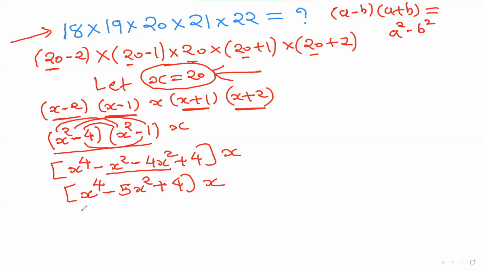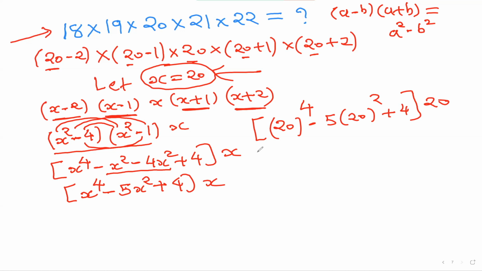So if I replace my x value 20, that is going to be 20 power 4 minus 5 and then 20 square plus 4. And then there is going to be 20 outside.